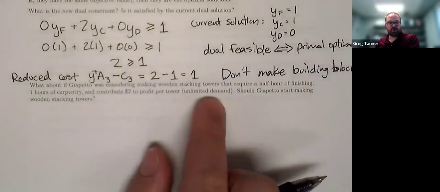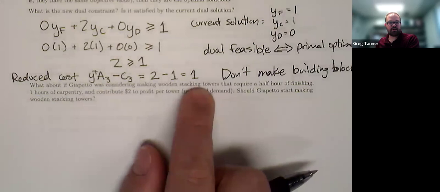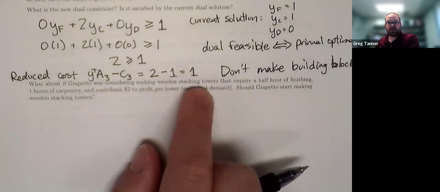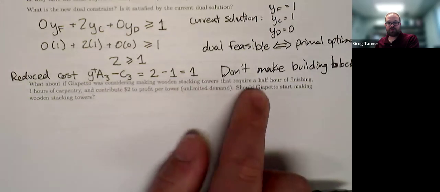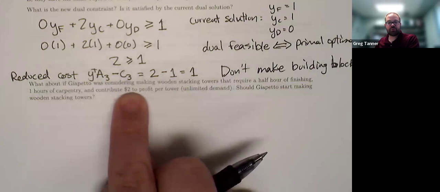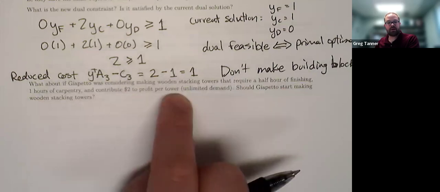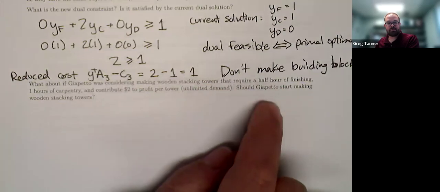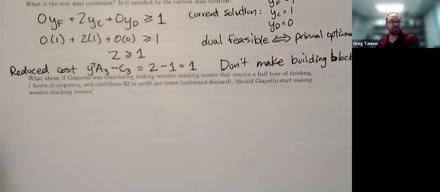Let's consider a fourth product. Geppetto considers making wooden stacking towers that require half an hour of finishing, 1 hour of carpentry, and contribute $2 to profit. Unlimited demand. Should Geppetto start making those wooden stacking towers? So let's look at that.